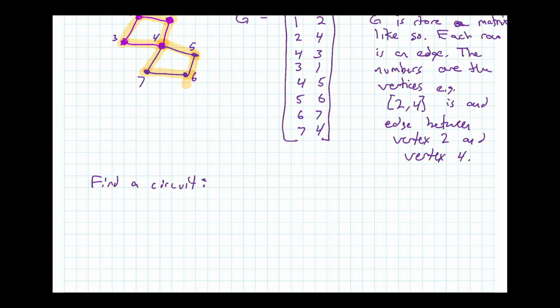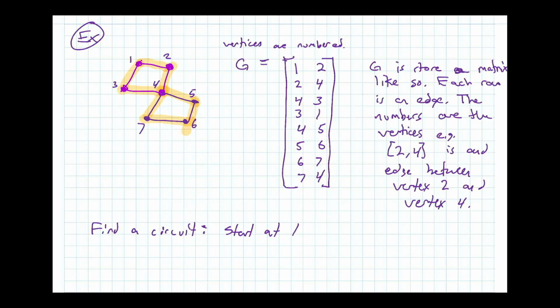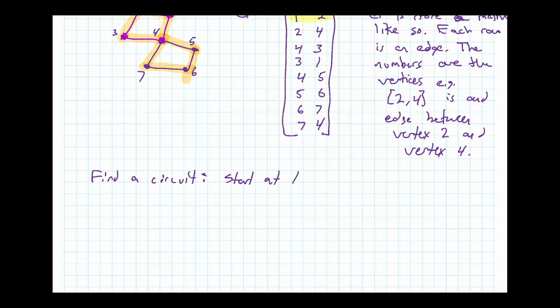So for example, let's say, find a circuit. You pick any starting vertex. So I'm just going to start at 1. What you do is you go through this list here and you'll eventually find a 1, right? So you look through G, the matrix, and find 1, 2, all right?